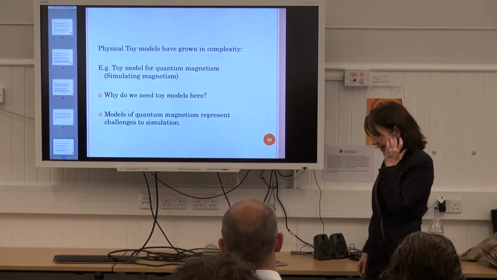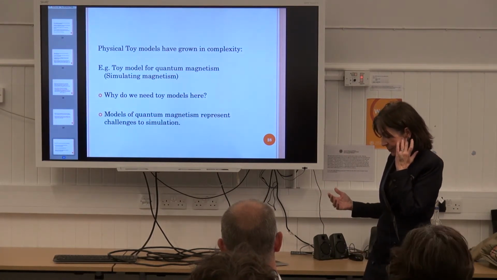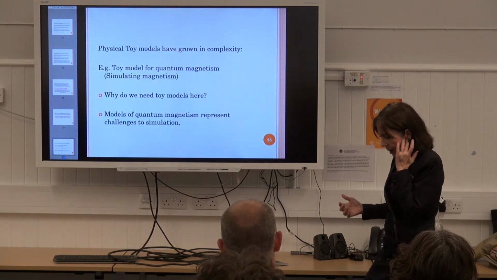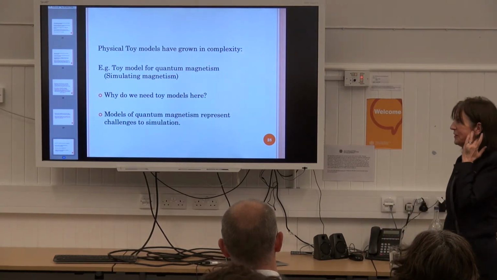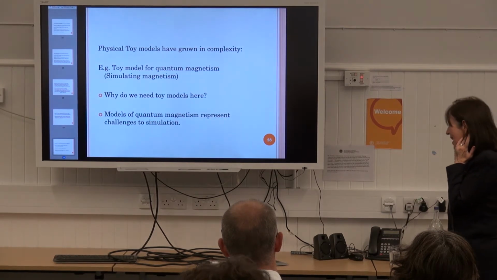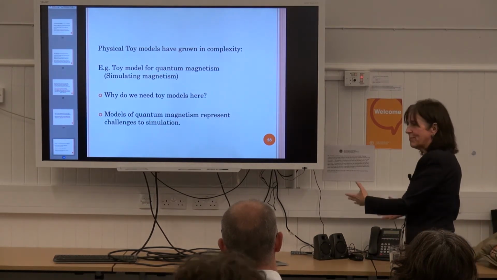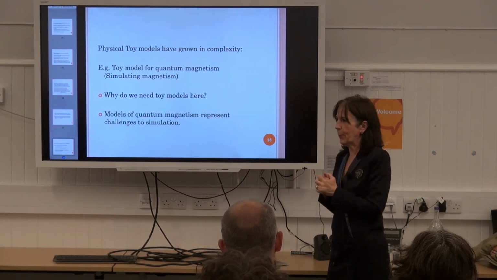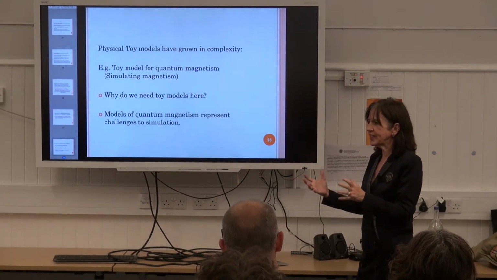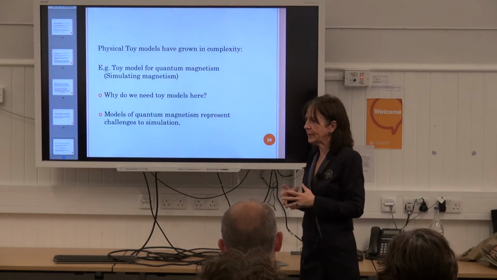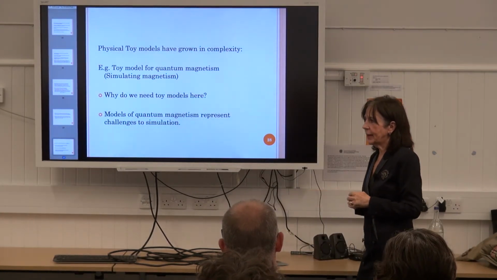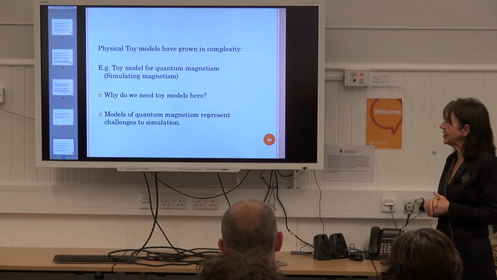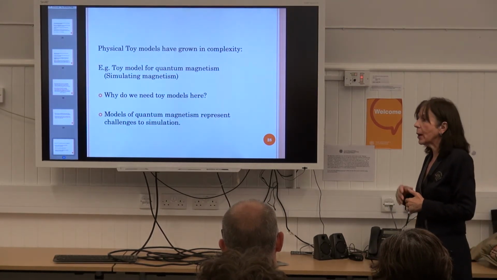Now, since this time, of course, toy models have grown in complexity because physics has grown in complexity. And so physical experiments are no longer tabletop experiments, and we can't use the same kind of really low-level technological instrumentation to try and figure out what's going on with our physical theories.